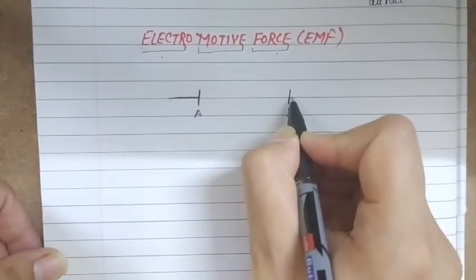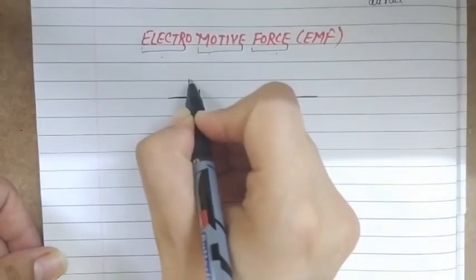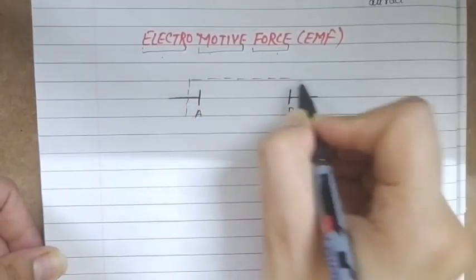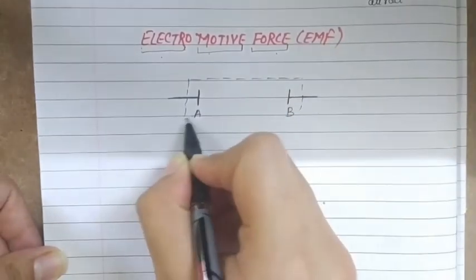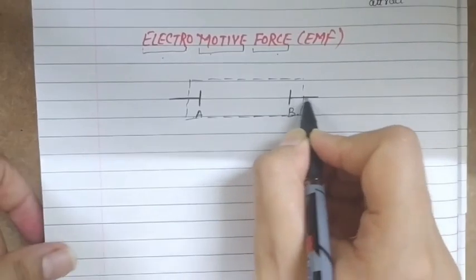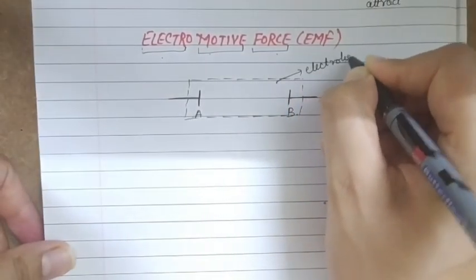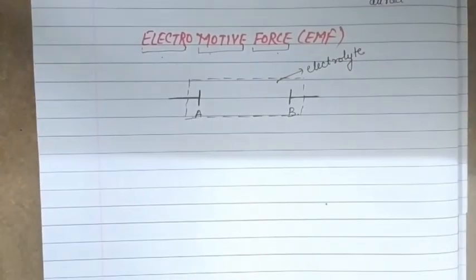A very basic diagram it is, that it consists of two terminals, terminal A and terminal B, and this battery has some electrolyte or chemical solution filled in between these two terminals A and B.